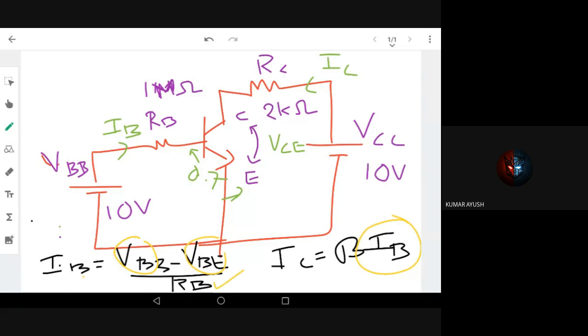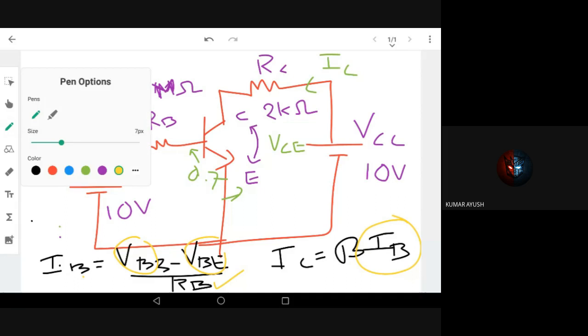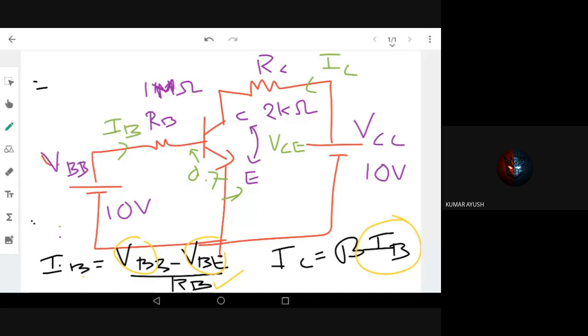IB is 10 volt minus 0.7 divided by RB. If we calculate it, we get IB equal to 10 minus 0.7 divided by 1 mega, 10 raised to 6. So this is around 9.3 microampere. That is IB.